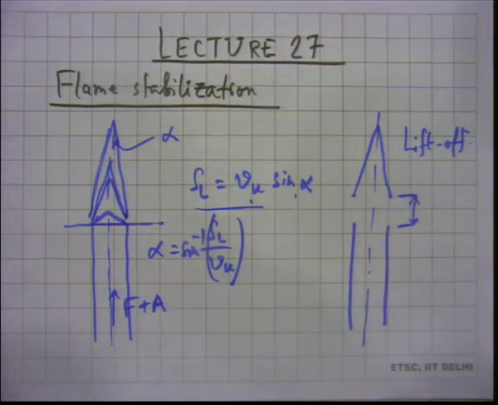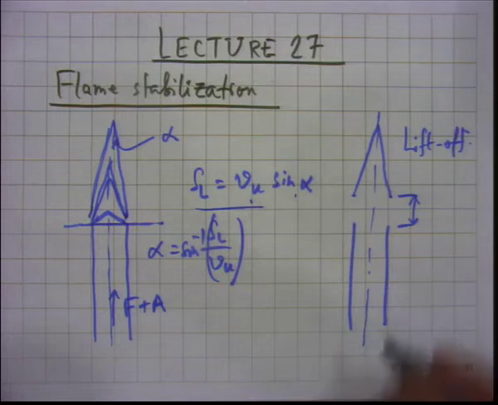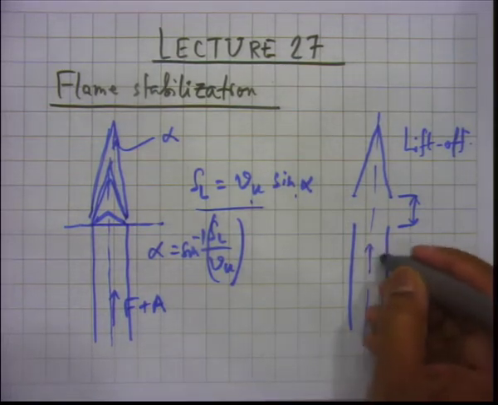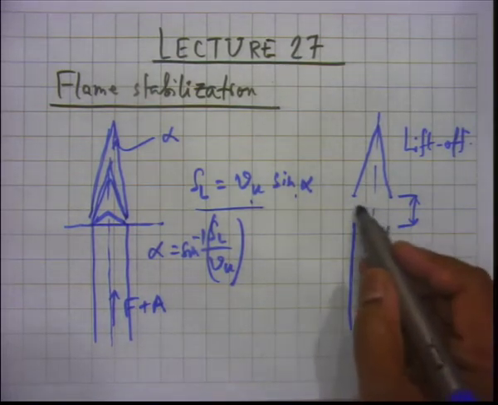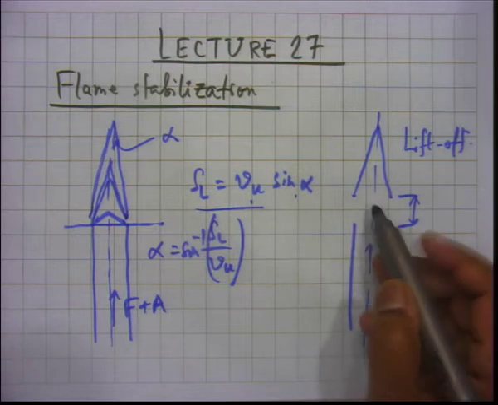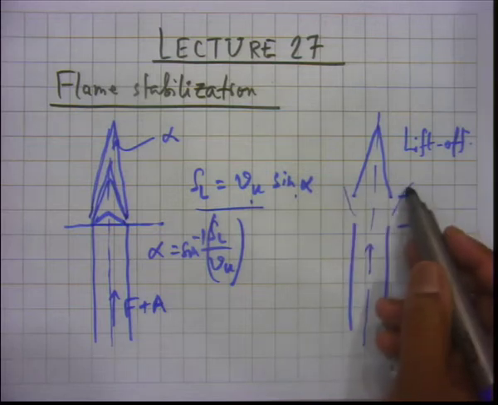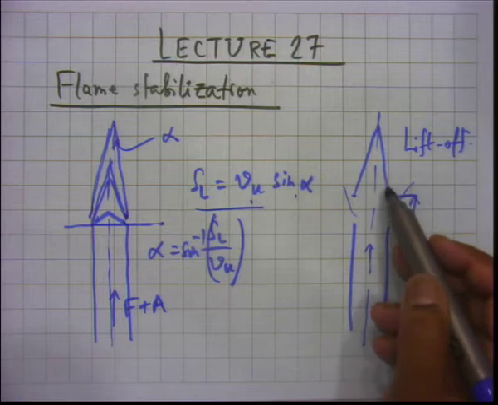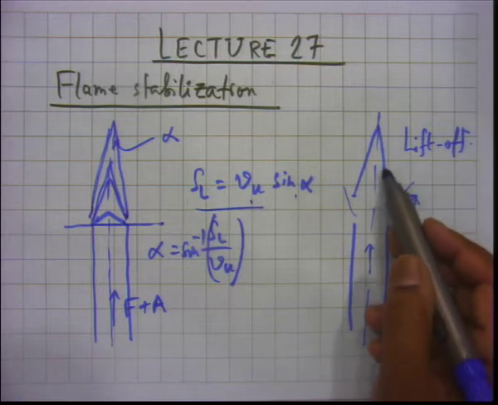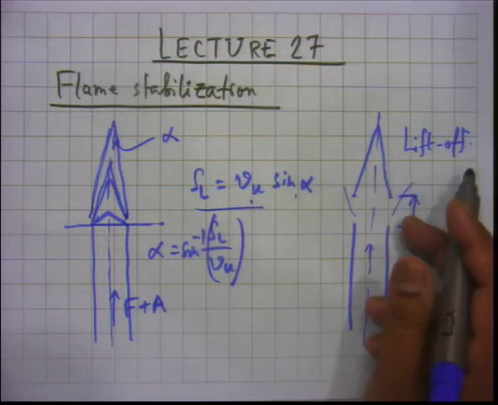So why did it happen this way? The flow velocity is too high, but if the flame gets lifted, then the flow will tend to expand a little bit, and effectively the flow velocity going into the flame will become smaller.